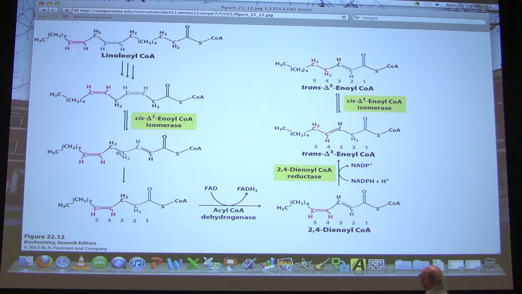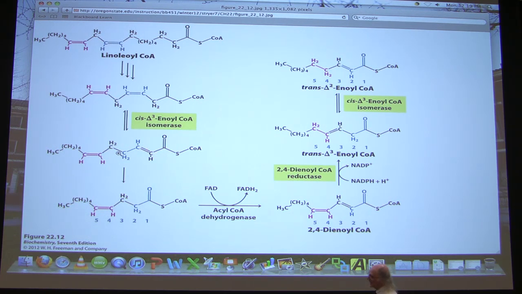We, first of all, have a linoleoyl-CoA. We go through several rounds of oxidation until we get to this point. We're sitting right here. We've got 1, 2, 3, 4. And what do we have? We have a 3,4 with a cis, and we want to make it into a 2,3 with a trans. There's our friend from the last cycle, enoyl-CoA isomerase.